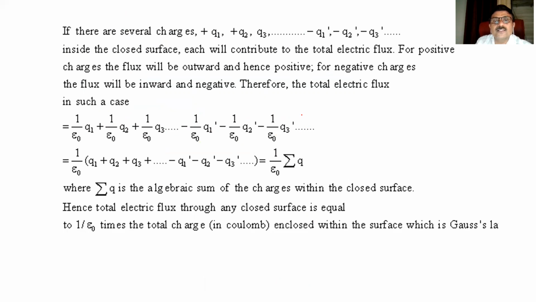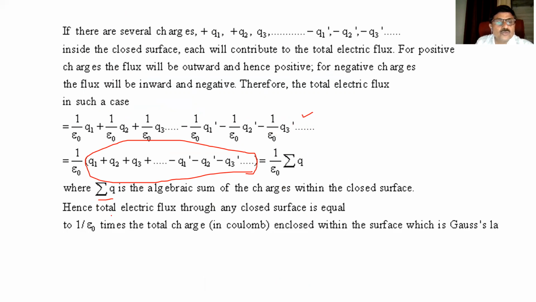Depending upon how many charges are enclosed, you can write that number of terms. Taking 1 upon epsilon 0 as common, this is nothing but the algebraic sum of the total charge enclosed within the closed surface, summation over Q.